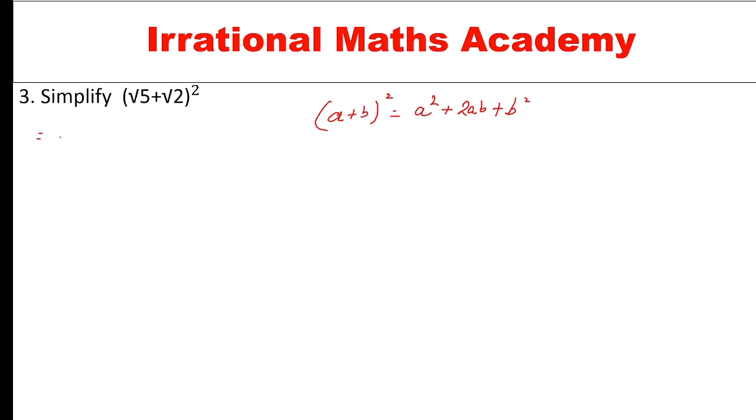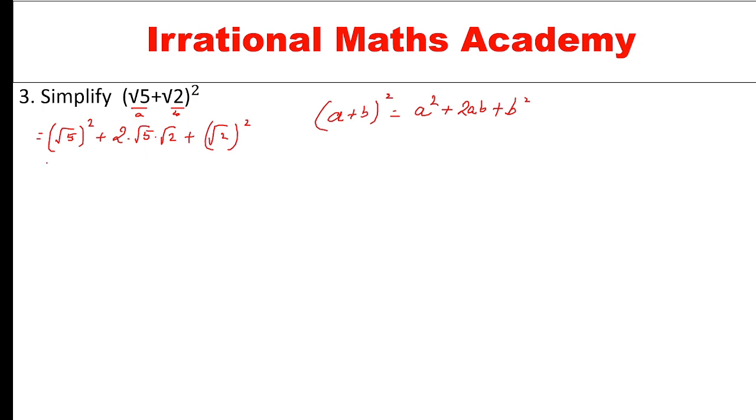So this is my A and this is my B. So root 5 whole square plus 2 into root 5 into root 2 plus root 2 whole square. Did you understand here? A square plus 2AB plus B square.